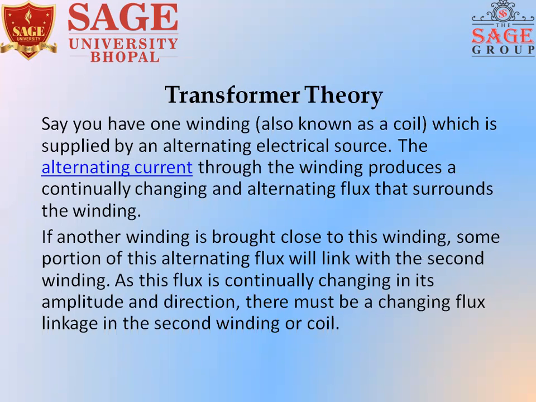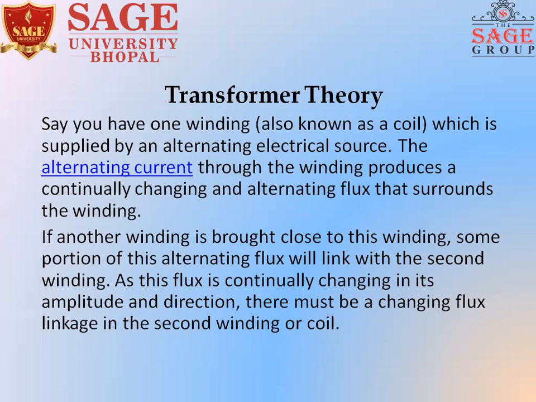The alternating current through the winding produces a continuously changing alternating flux that surrounds the winding. If another winding is brought close to this winding, some portion of the alternating flux will link with the second winding. As the flux is continuously changing in its amplitude and direction, there must be a change in flux linkage in the secondary winding or coil.